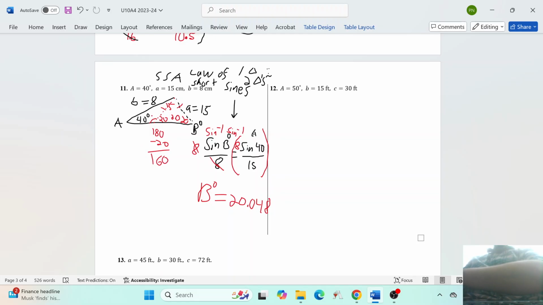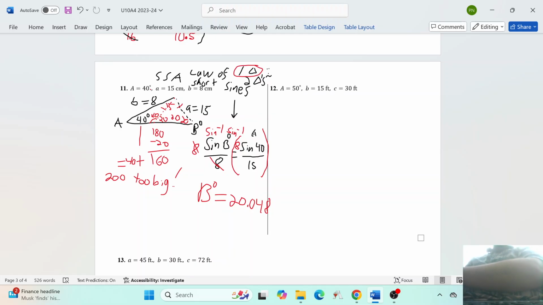And then if this is 160 degrees, plus 4 degrees equals 200, which is too big. Too big. So one triangle.